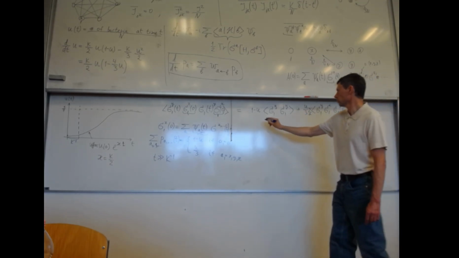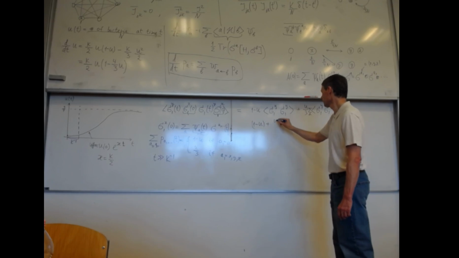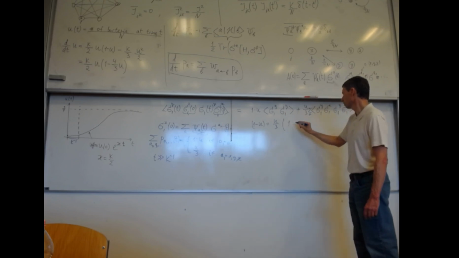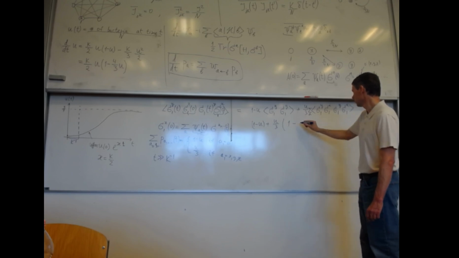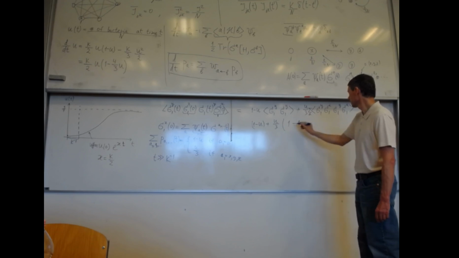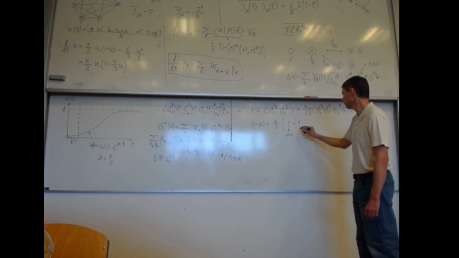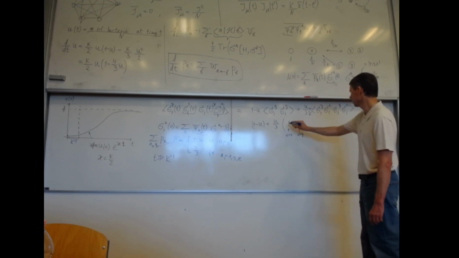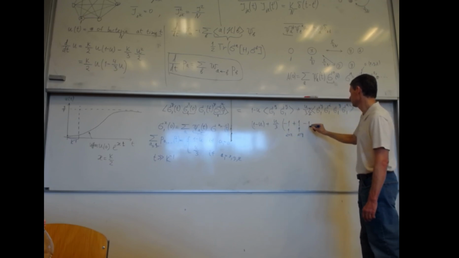So let's consider all four terms. The first term is 1 minus u, and u over 3 comes with probability 1 minus 1. It's 1 corresponds to alpha equal to x, and minus 1 corresponds to alpha equal to y. Oh, it's the other way around. It's minus 1 plus 1 minus 1.